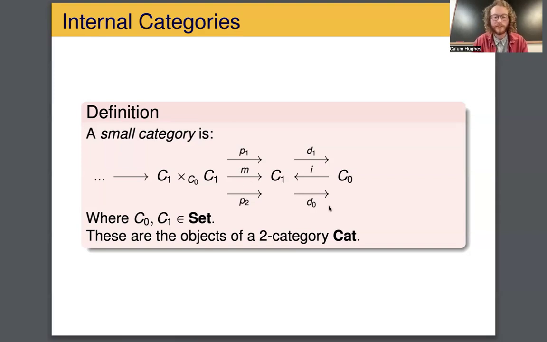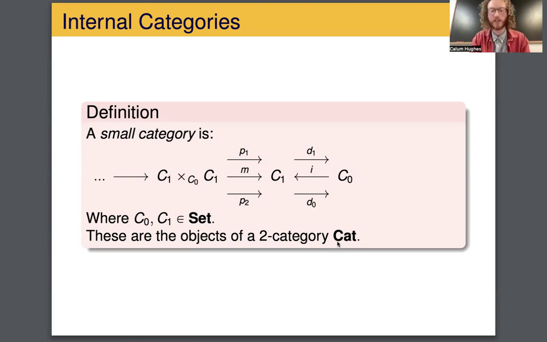So this is in particular a special kind of simplicial set where the things higher than C1 are iterated pullbacks rather than anything else. And we can define functors and natural transformations, and these form a 2-category Cat. And our goal is to axiomatize the properties that Cat has. Okay.